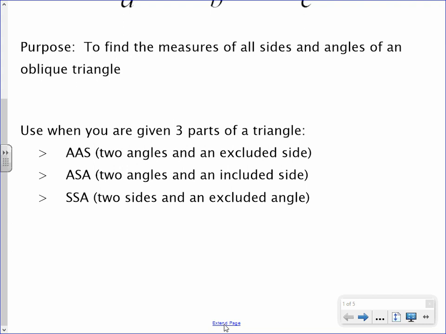We are not proving triangle congruence, and we are not proving triangle similarity. These are just the pieces of given information we need in order to be able to use the law of sines.